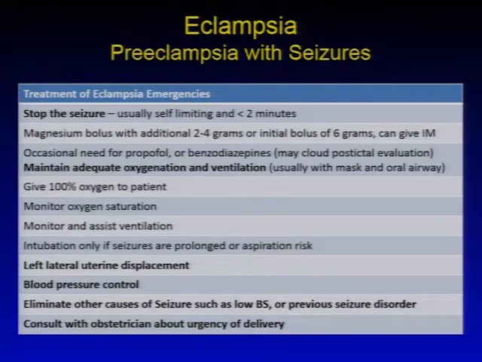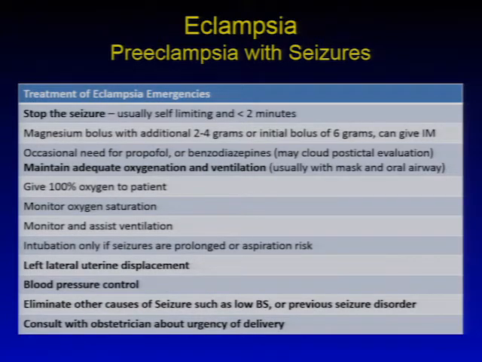One does need to maintain adequate oxygenation and ventilation during eclamptic seizures and give the mother 100% oxygen and assisted ventilation. Intubation is considered only if seizures are prolonged or there is an aspiration risk.